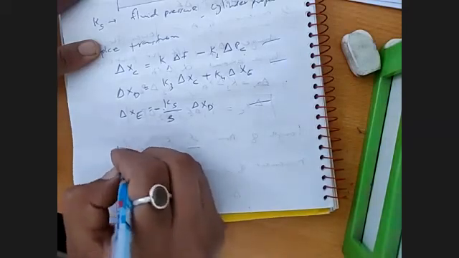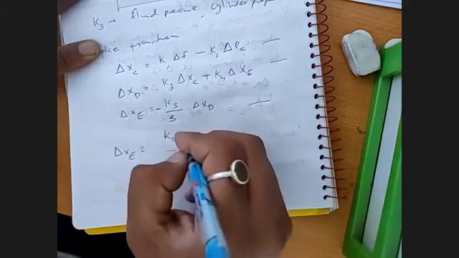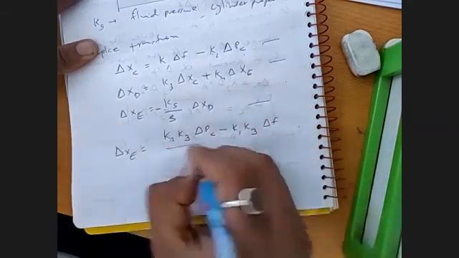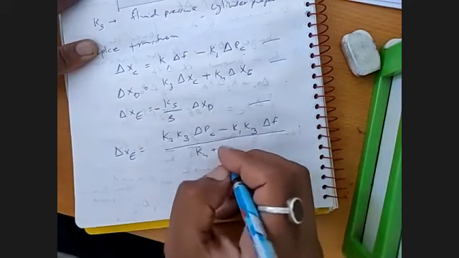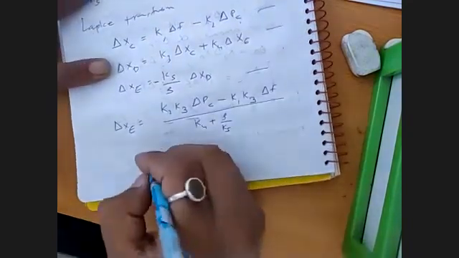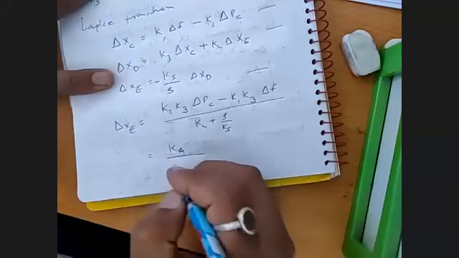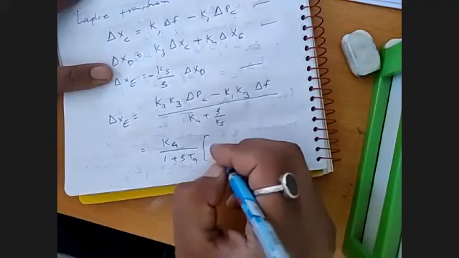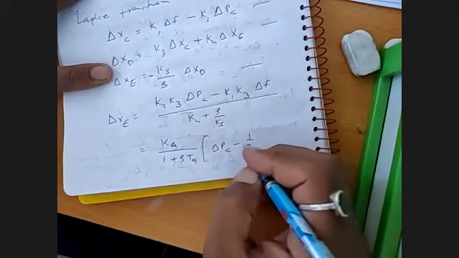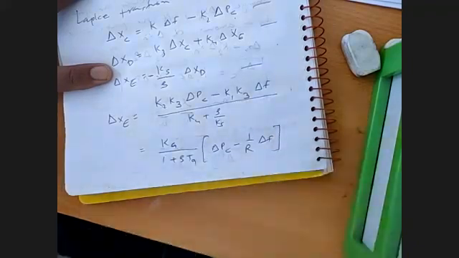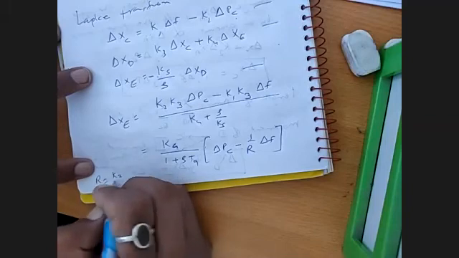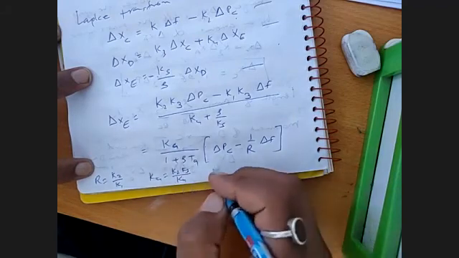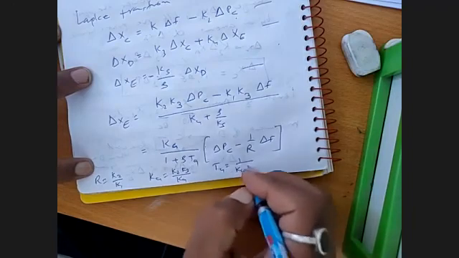So your delta XE will become K2 K3 delta PC minus K1 K3 delta F divided by K4 plus S upon K5, and when we solve it we say that it is Kg upon 1 plus S Tg into delta PC minus 1 upon R delta F. R will be K2 upon K1, Kg will be K2 K3 upon K4, and Tg will be 1 upon K4 K5.